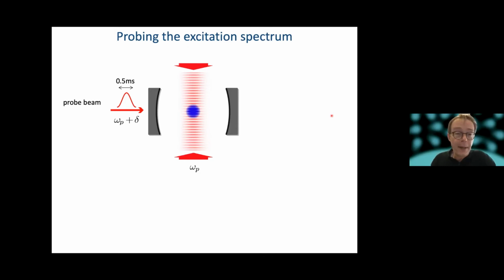Okay, and another thing that you can do is to probe the excitation spectrum. We've briefly outlined how you can calculate it in general, but the question is, what is actually happening? How can you measure the excitation spectrum of this phase transition?